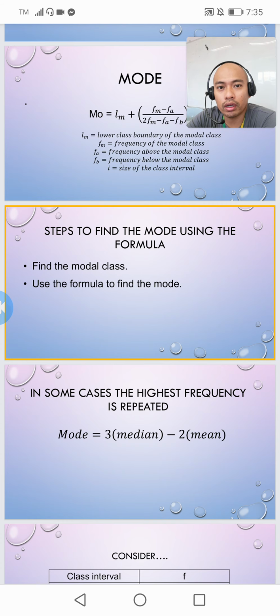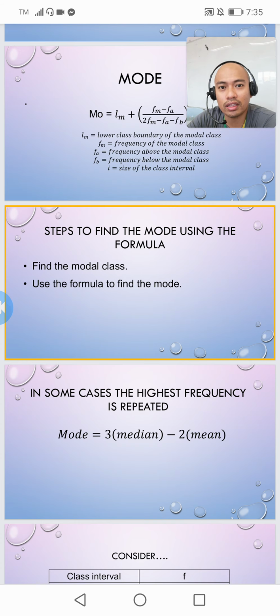So makikita nyo. Now, what if among these frequencies there are dalawa yung highest frequencies? Can we still consider those two with respect to their intervals as the modal class or classes? No more.